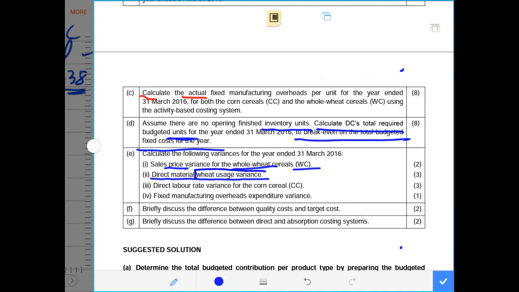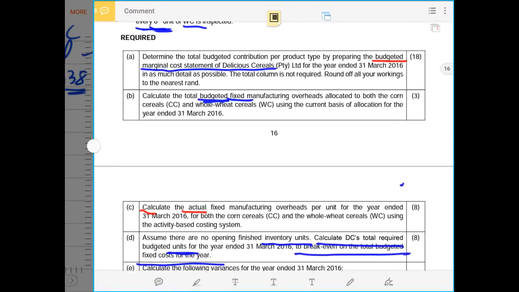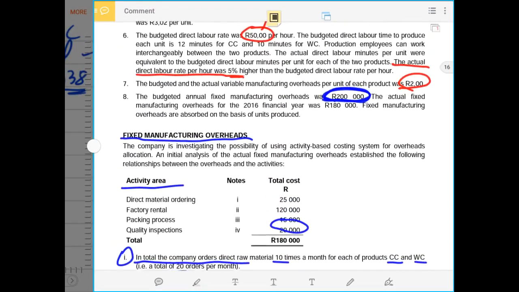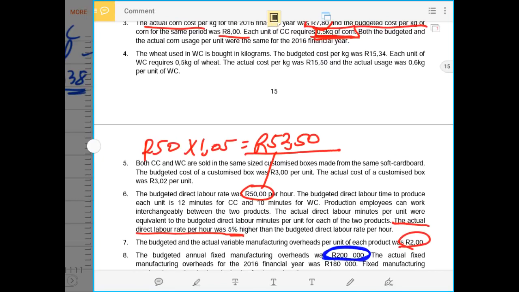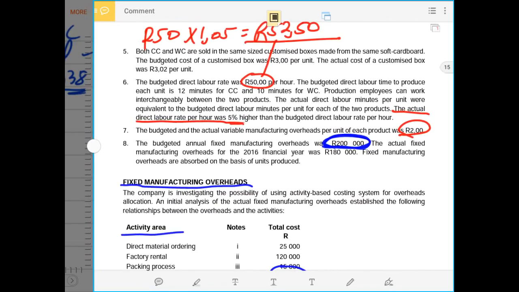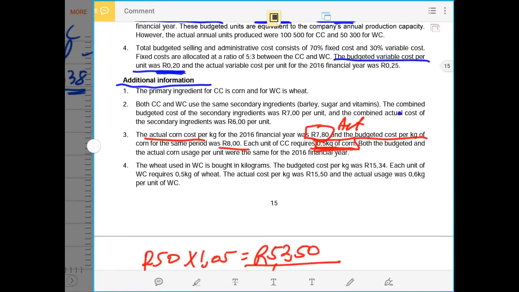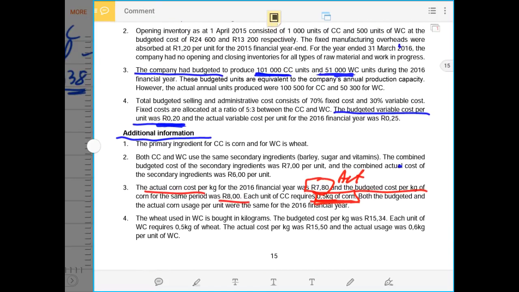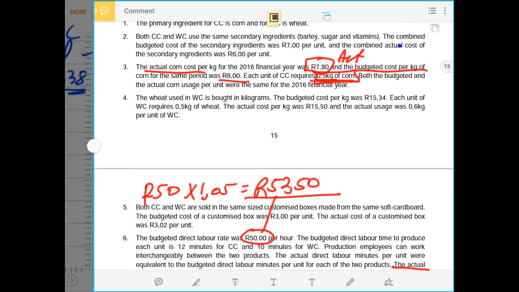So we are mainly focusing on the wheat. Now we need to know how many kgs of the wheat are required to complete 1 unit.